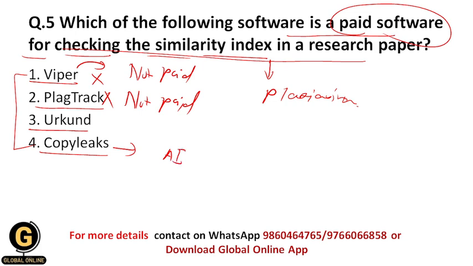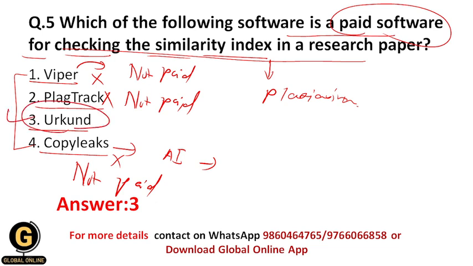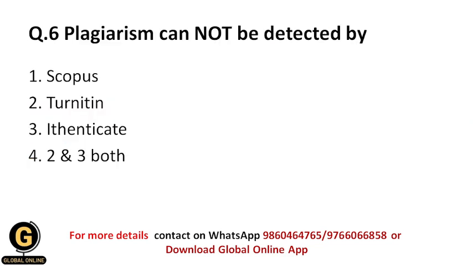AI means what? Artificial intelligence. Okay, so this software is based upon this, and this is also not a paid software. So that's why this also gets eliminated. So your correct answer should be what? 3, that is Urkund. Okay, so this is your correct answer. This is a paid software for checking the similarity index in a research paper.